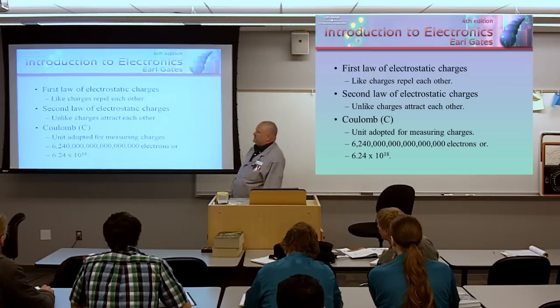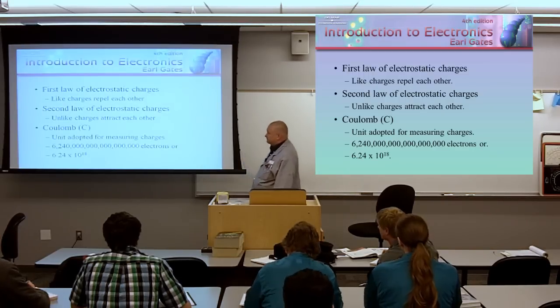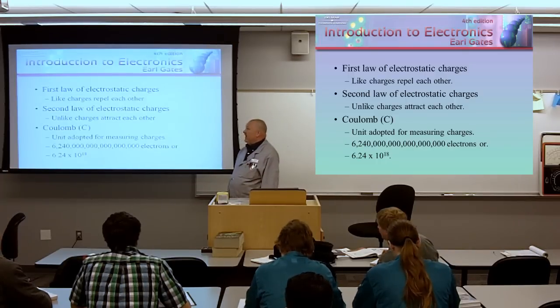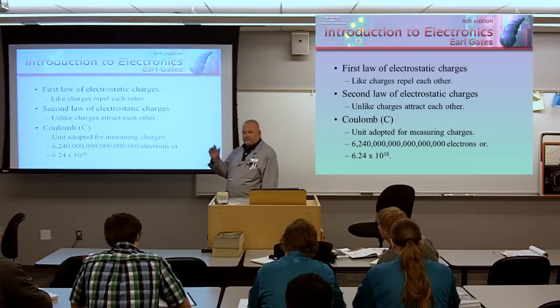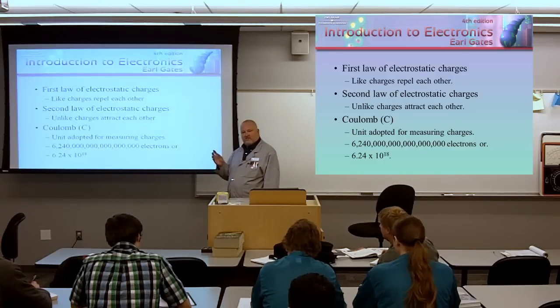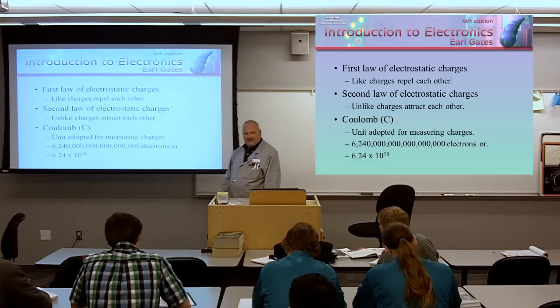Some of you may be familiar with this law. You've probably heard it before. The first law of electrostatic charges is that like charges repel each other. Have all of you heard that one before? Okay. The other thing that you're probably familiar with is opposites attract, right?